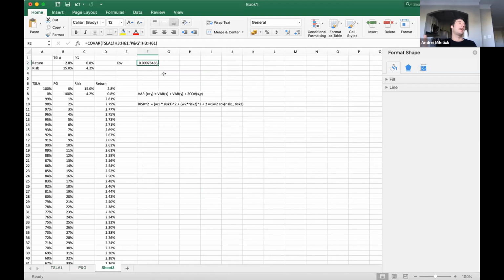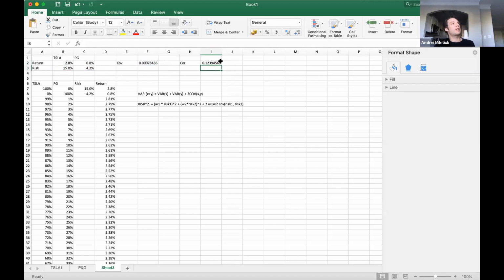Remember that when you're looking at covariance, this is usually a number that doesn't mean anything, because it depends on the original numbers. If we want to get some intuitive sense of the relationship, we need to translate covariance into correlation. Correlation is covariance divided by the standard deviation of the first stock multiplied by the standard deviation of the second stock.